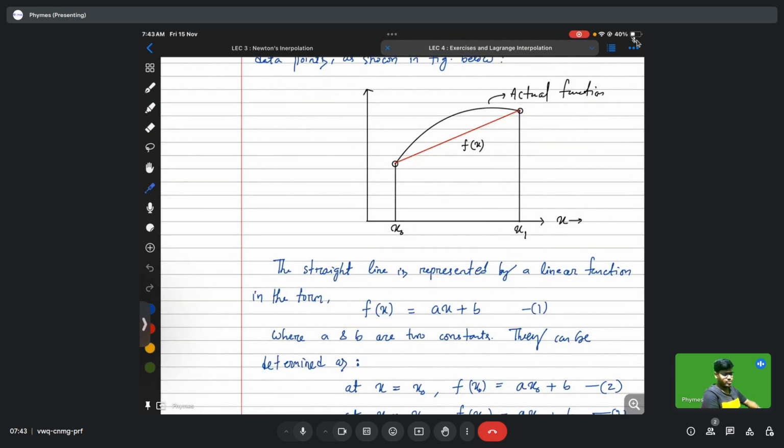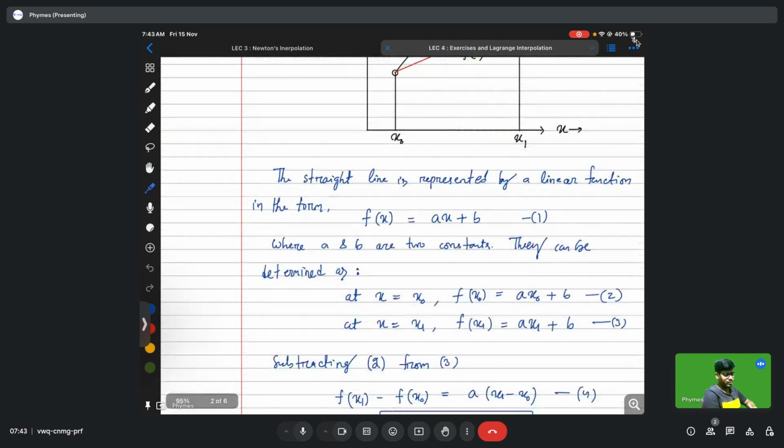In Newton's interpolation method, the form was a bit different, but very similar to this one. So here, suppose the form of the straight line is like this.